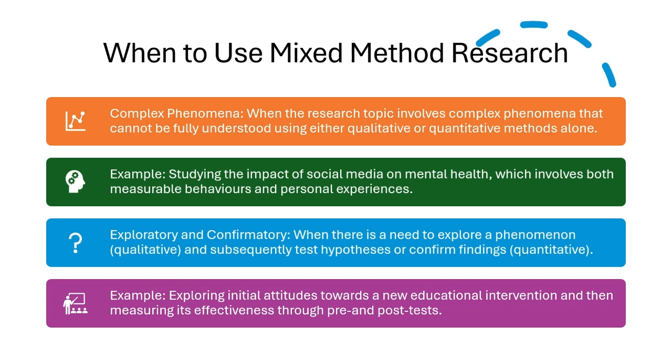For example, exploring initial attitudes towards a new educational intervention and then measuring its effectiveness through pre and post tests. So you can see that when we use mixed method research, it adds layers. And with the layers, there's complexity in terms of the design as well.